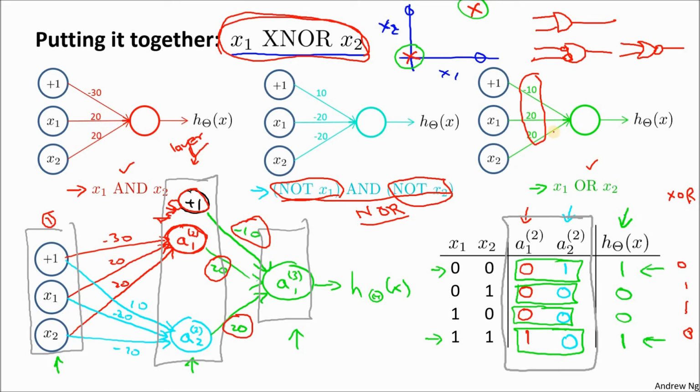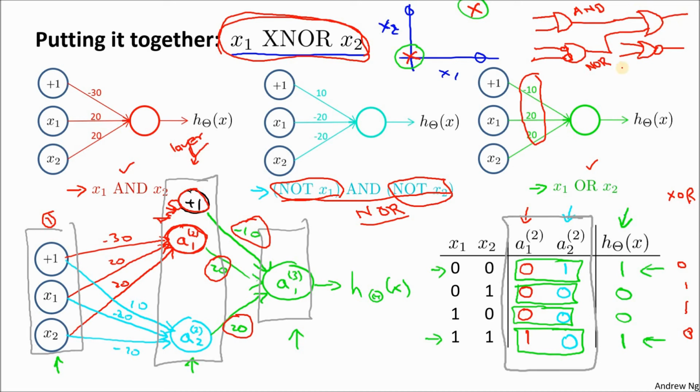So what is effectively happening is that there is an AND gate, and there is another one which is a NOR gate, and the outputs of these two gates are combined to create the final output. This is what is happening.